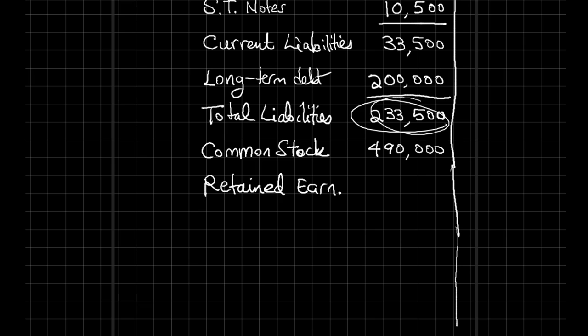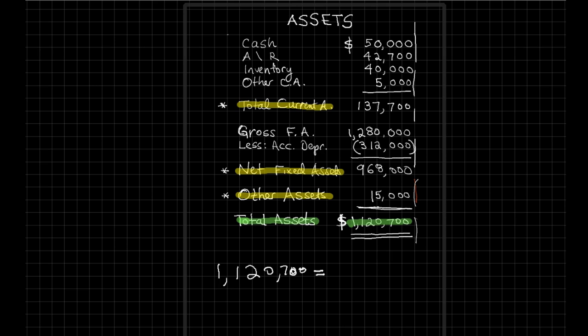So let's go back again. This number here is $233,500 plus total equity. From this equation, it is not difficult to find total equity to be, I believe, $887,200.